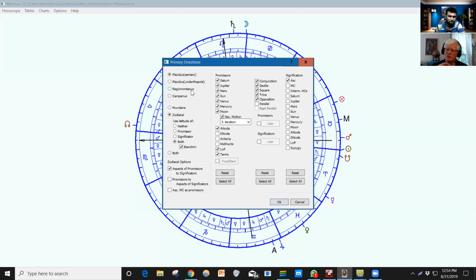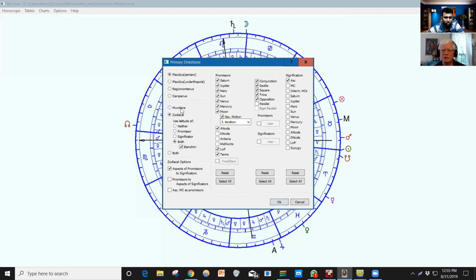Regiomontanus was a system where he misunderstood Ptolemy and made these circles of position, and then had the circles line up of two planets to be a conjunction. And that's often off by a year, 2 years or more from the semi-arc. Campanus, I'm not sure what Campanus' primary directions are, so I'm not going to.